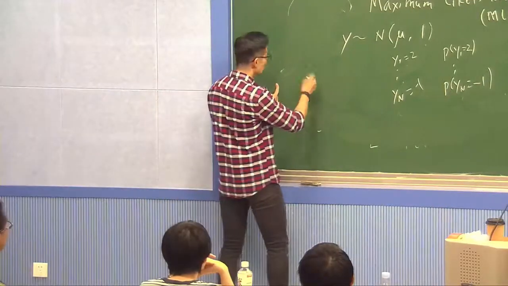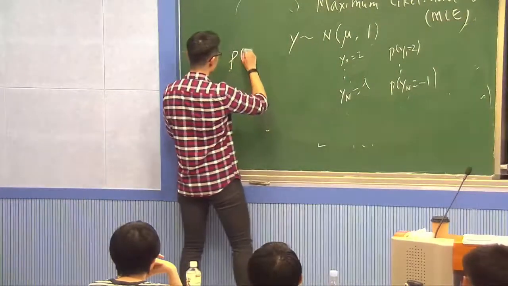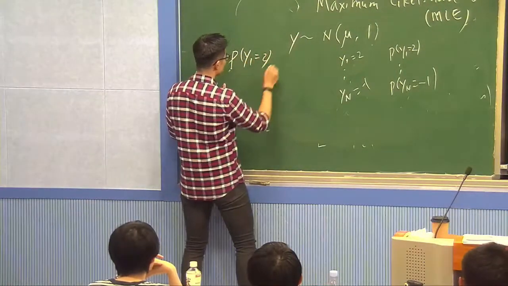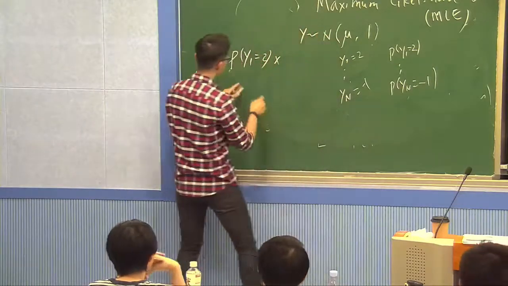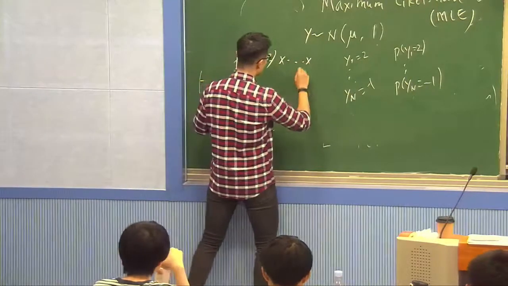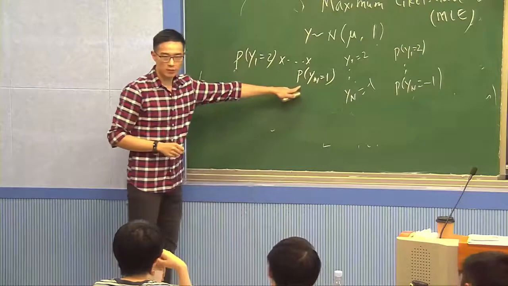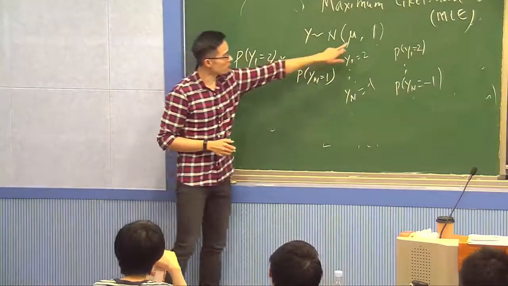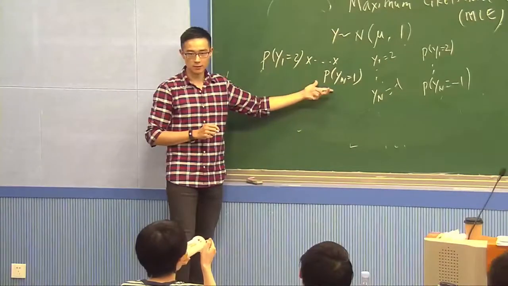The likelihood function is the probabilities multiplied together: according to this hypothesis, probability of y1 equal to 2, times, times probability of yn equal to -1. You find the optimal mu that maximizes this probability.